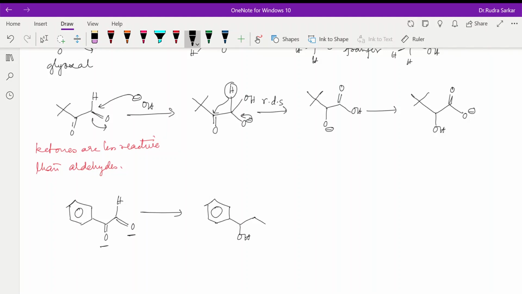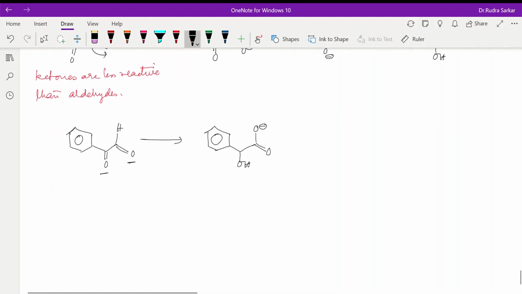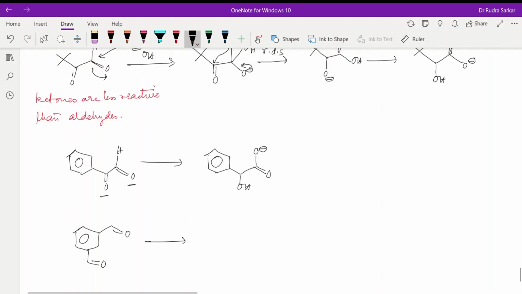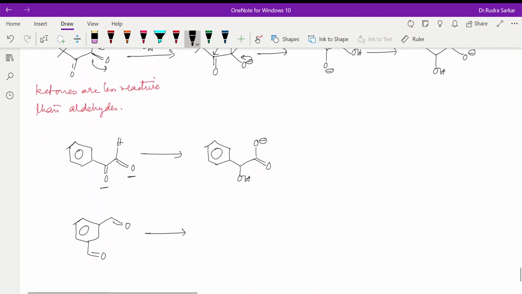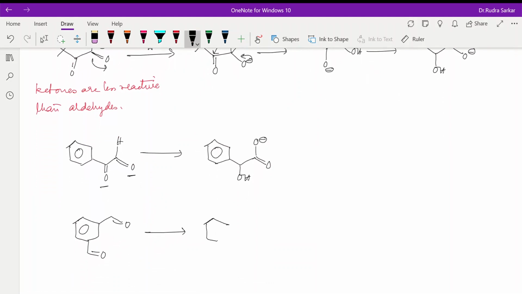Alcohol, and that is your acid. Okay. If two such aldehydes are present, just like the first example, one will be acid and one will be alcohol. Alcohol, another is your acid.